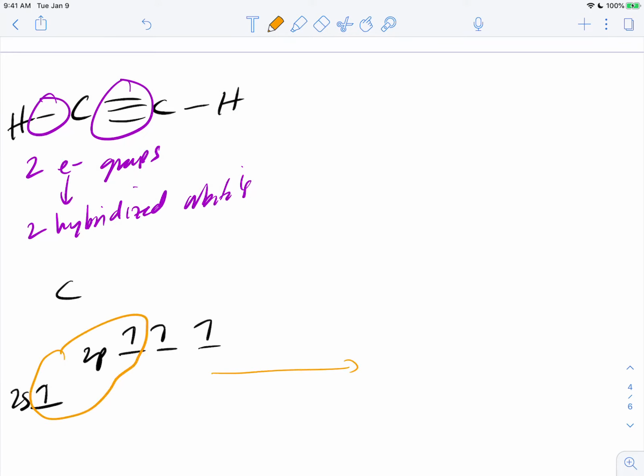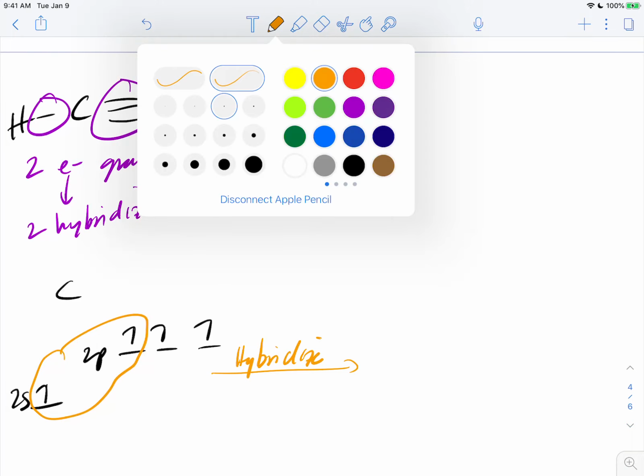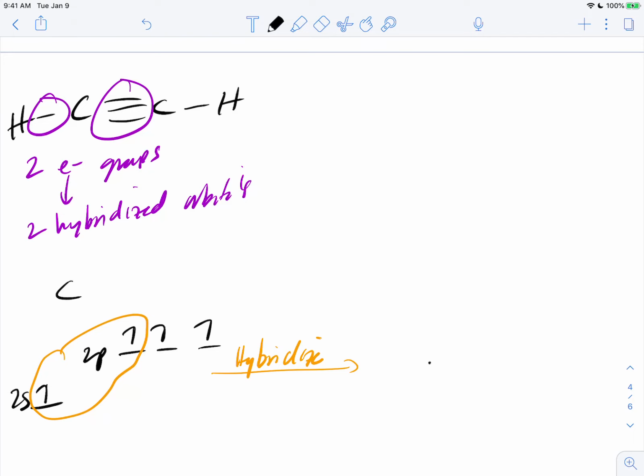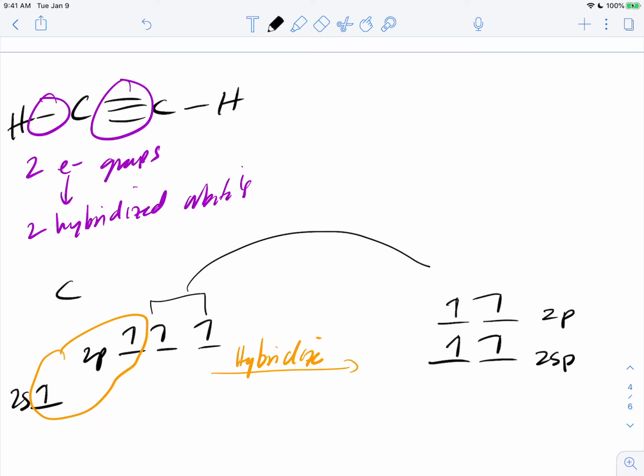And so when we hybridize, we are going to get two of our 2sp, one of the s, one of the p. And then we still have our 2p, we still have our two electrons that were not hybridized, still there.